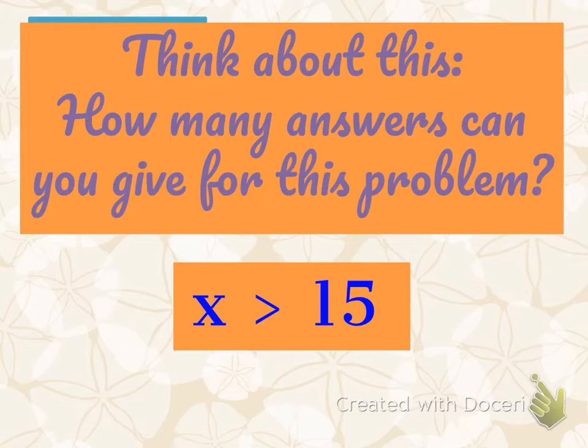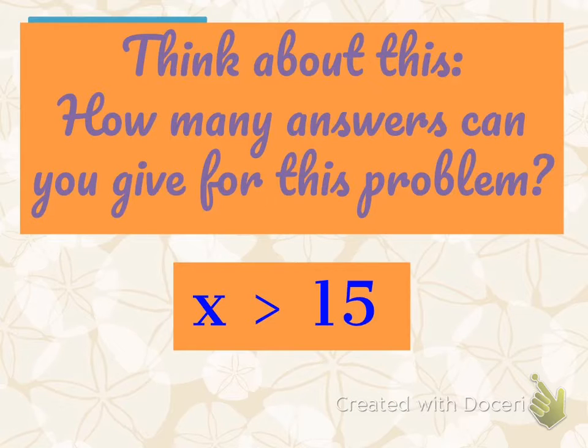Okay, so we talked a little bit about this yesterday, but if I just gave you this problem, x is greater than 15, how many numbers could we plug in that would make a true statement? Somebody give me a number that we could plug in that would make a true statement. 99. 16. 20. 3 million. 100.